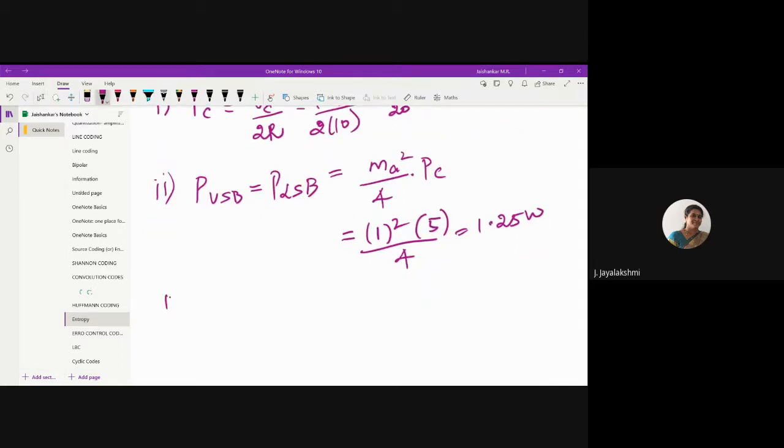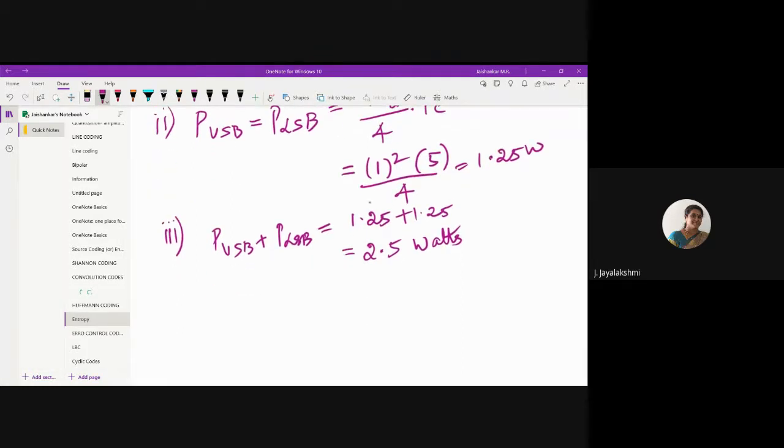The third thing is, what is the total sideband power? That is upper sideband power plus lower sideband power. So upper plus lower sideband power is 1.25 plus 1.25, that is 2.5 watts. What is the next thing they are asked? They are asked for the total power.